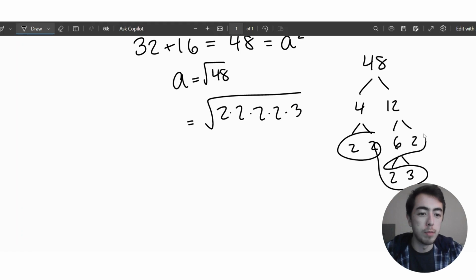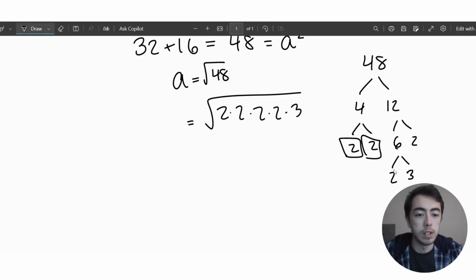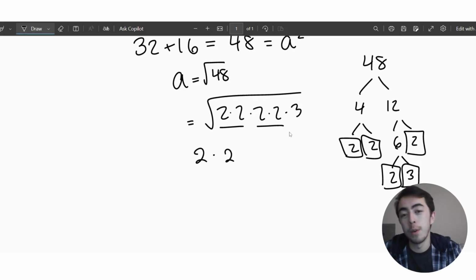That's all of these prime numbers at the bottom of my factor tree. All of these prime numbers multiplied give me 48. And when simplifying square roots, if you see any pairs, they can escape the square root sign together. So both of these 2's turn into a 2 on the outside. These two 2's turn into another 2 on the outside. And then this lonely root 3 doesn't have a pair, so it's stuck on the inside.